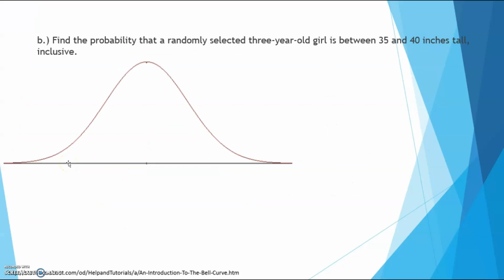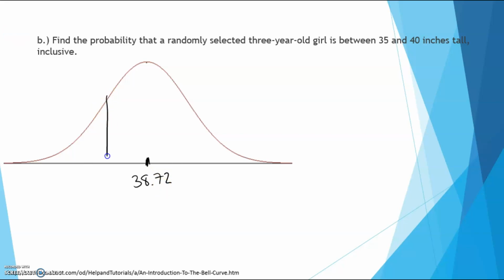Okay, part B. Find the probability that a randomly selected 3-year-old girl is between 35 and 40 inches tall. Okay, so same thing. We are going to put our mean in the middle, 38.72. Now I'm looking between two values here.